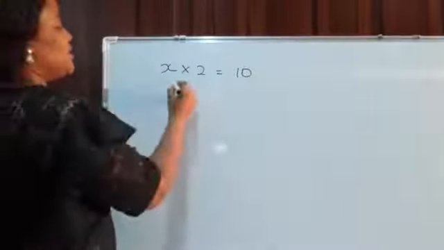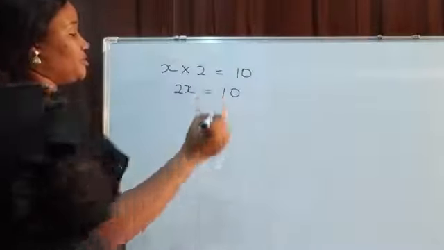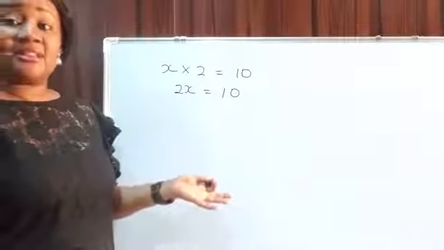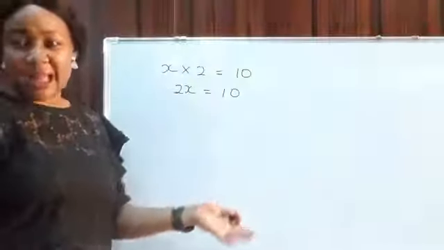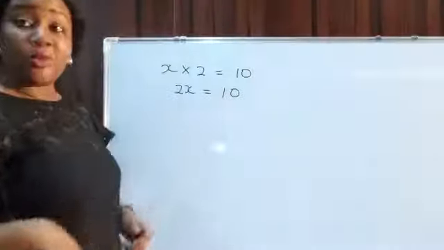That's 2x equals 10. We still have 2 ways, but they are similar. Just the same way we're jumping.